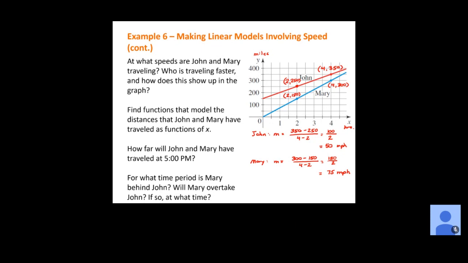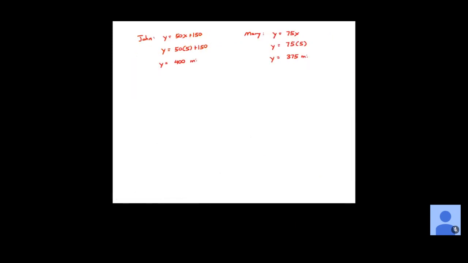Just set the two equations equal to each other, because that would be the same thing as finding where they cross each other, where they intersect. So what I'm going to do is take John's equation and Mary's equation and set them equal to each other. And what I mean by that is just the 50x plus 150 part, I'm going to set it equal to the 75x, right? Because that represents John's distance being equal to Mary's distance now.